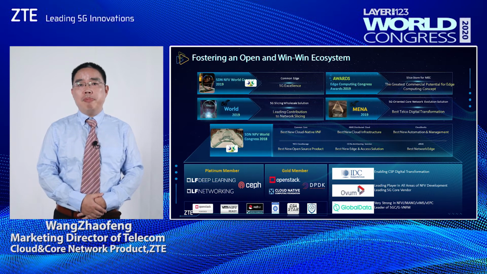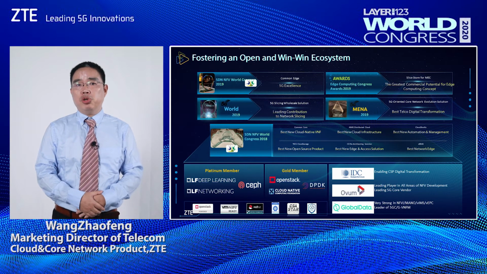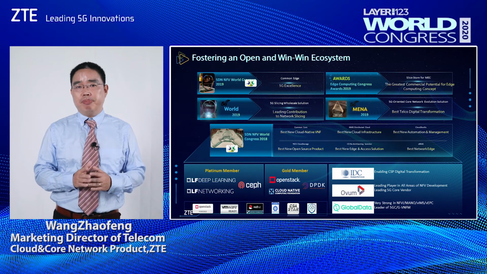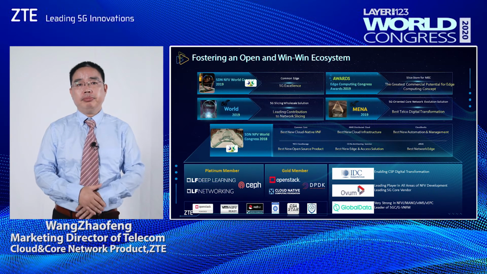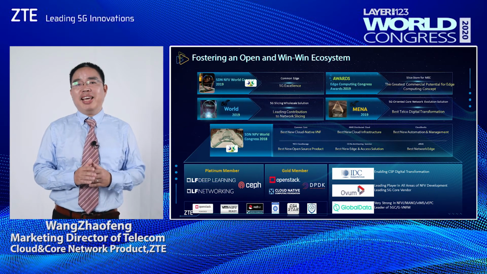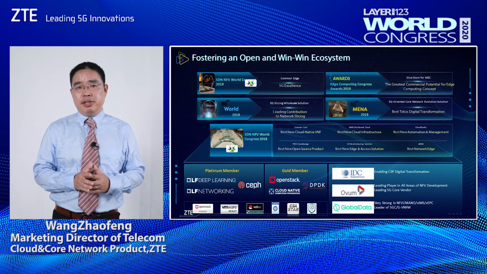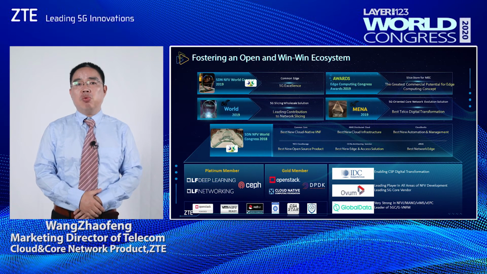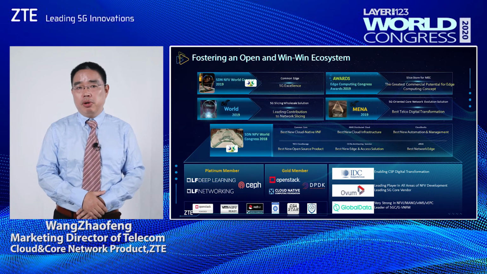Slice Store for MEC, the greatest commercial potential for edge computing concept award in 2019 Edge Congress. Common Edge solution, 5G Excellency in 2019 SDNFV World Congress. There are many other awards there is no time to mention.